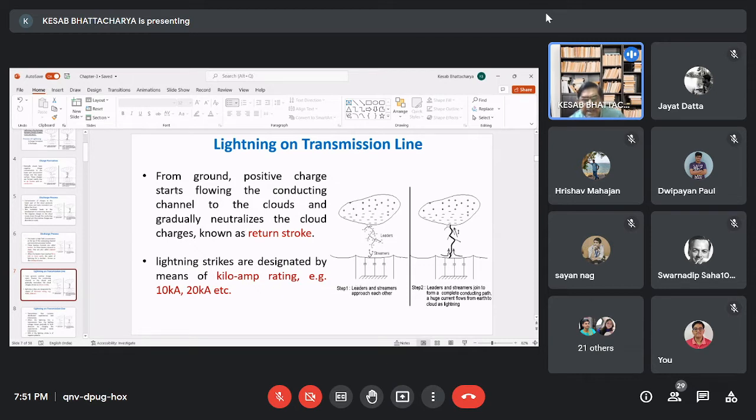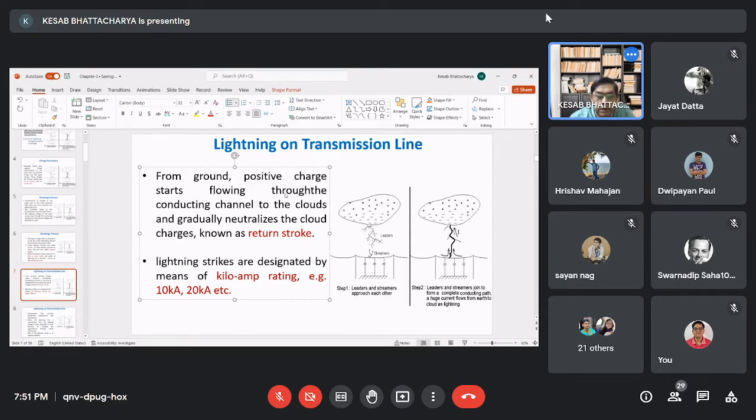And from the ground, positive charge starts flowing through the conducting channel to the clouds and gradually neutralizes the cloud charges, known as return stroke.